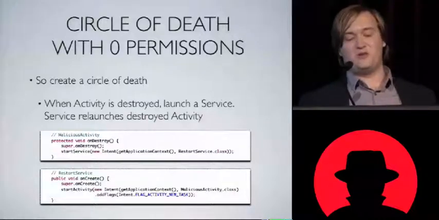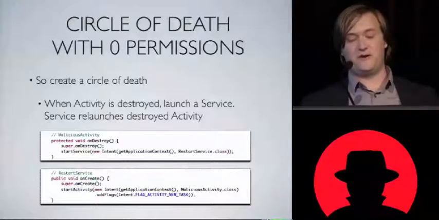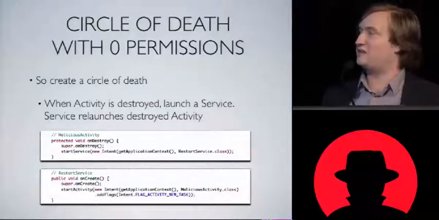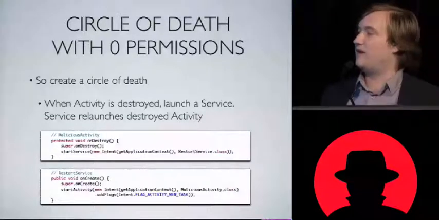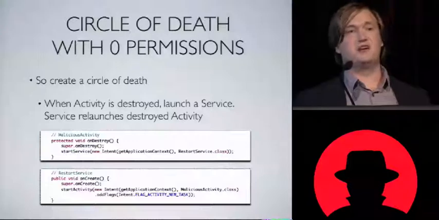When the activity is destroyed, all you have to do is launch a service. Here we launched a restart service in our malicious activity when it's destroyed. And all that service does is relaunch the original activity. So it's just a cycle.